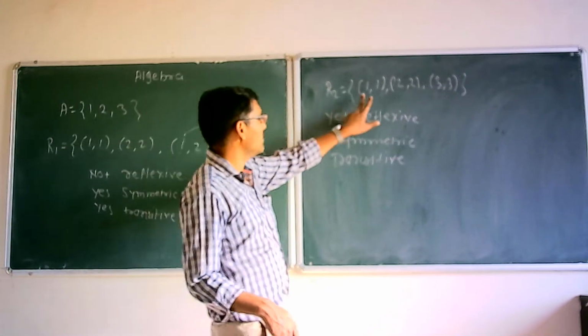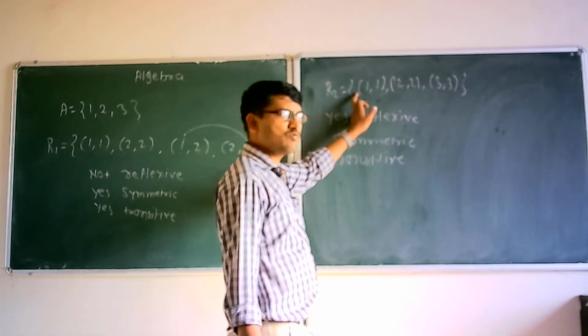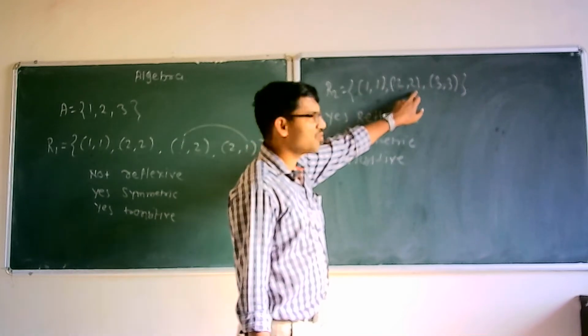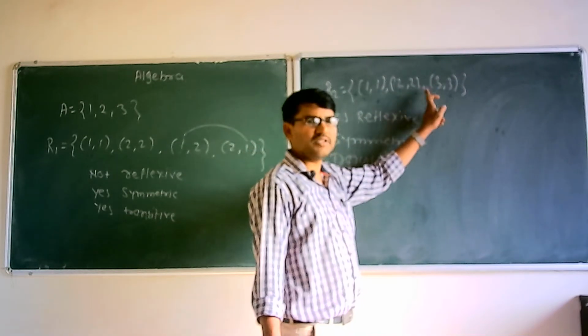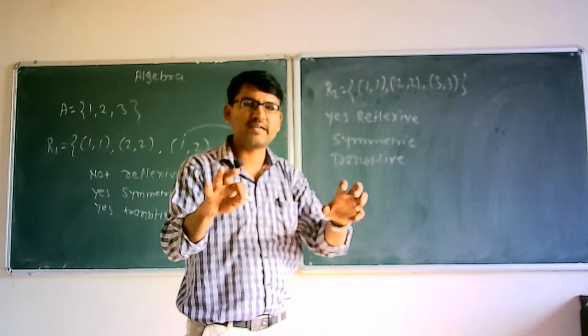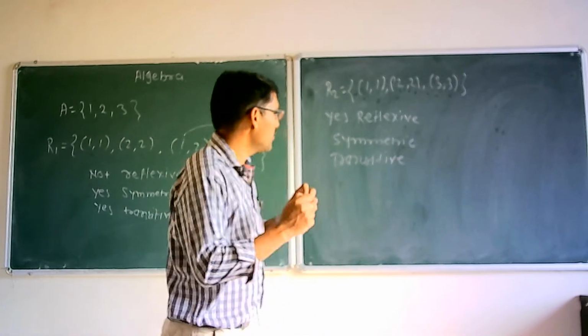If A is related to B, B is also related to A: 2 is related to 2, 3 is related to 3. So this is reflexive as well as symmetric as well as transitive. Therefore, it is an equivalence relation.